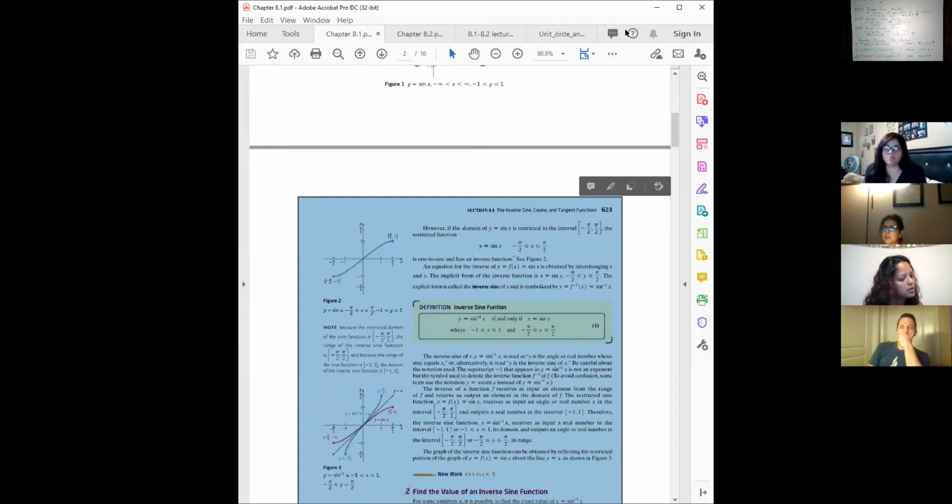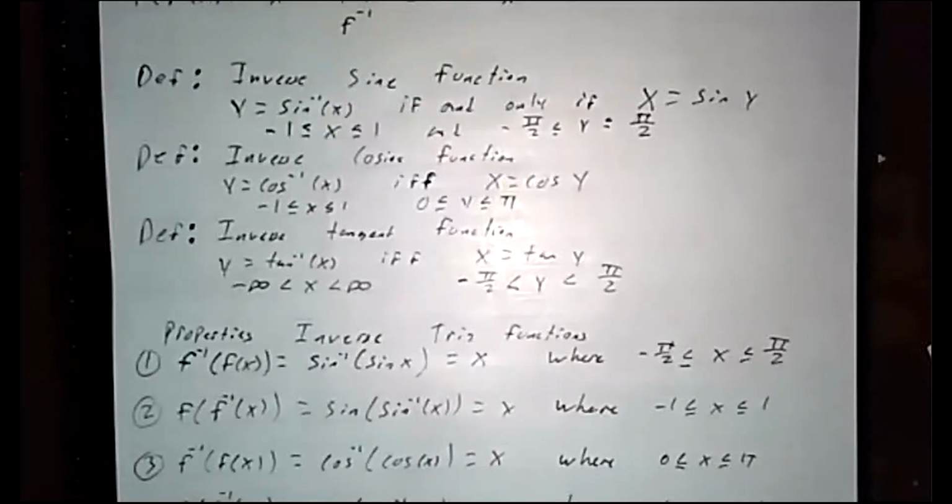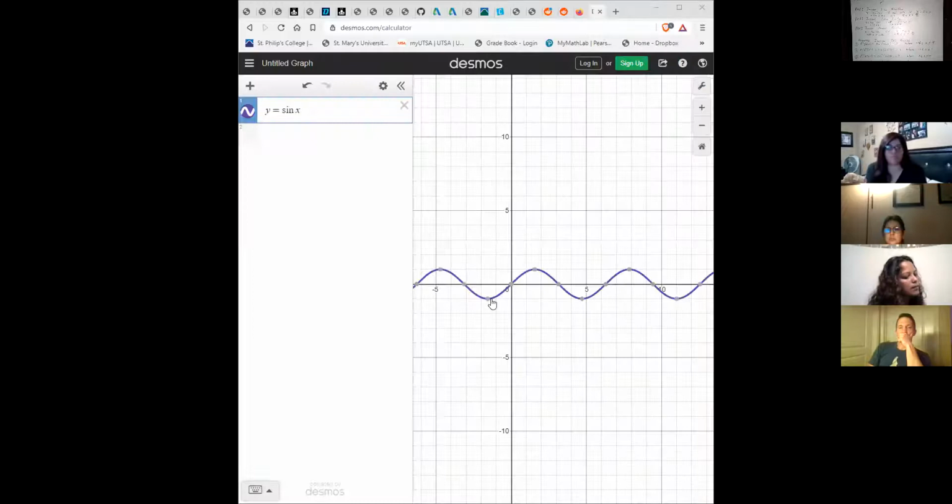All right, let's go look at the picture. Maybe this picture is better. So here's the original sine. So we have to cut it here and here in order to be able to create an inverse function.